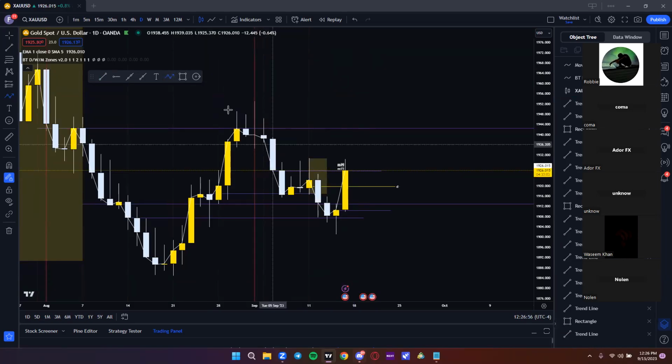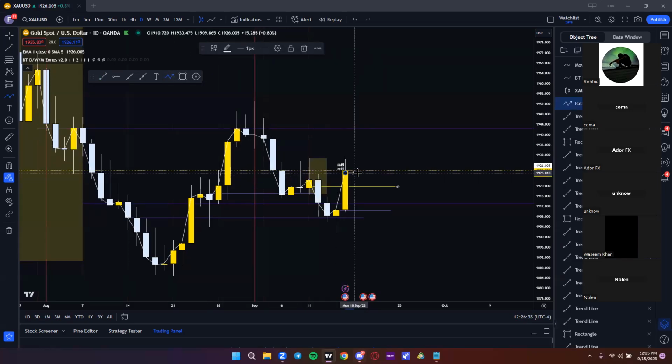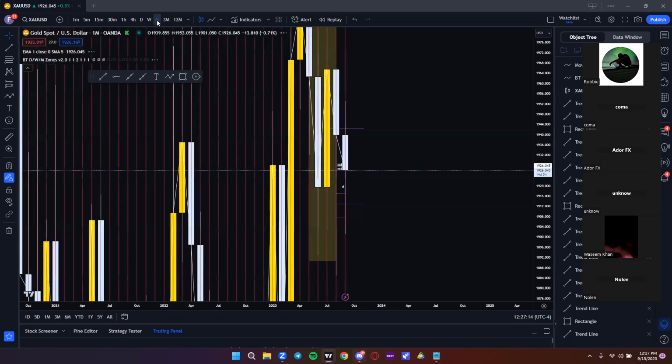it could open, test this level or even this level. It could test those levels and then continue pushing price down. Overall, you are bearish on the monthly, and I'll go over that as well.